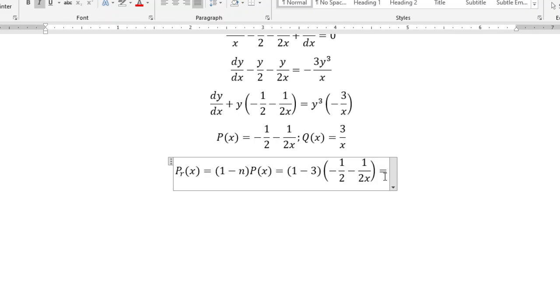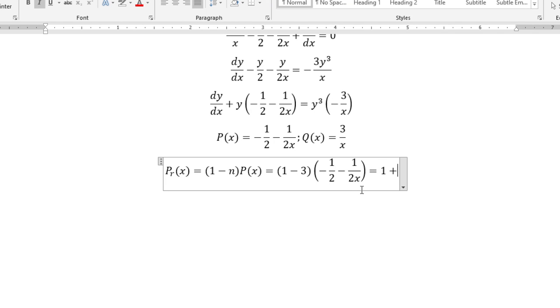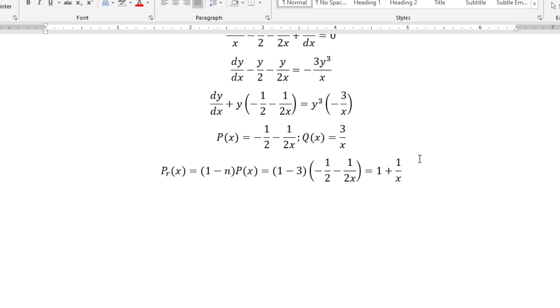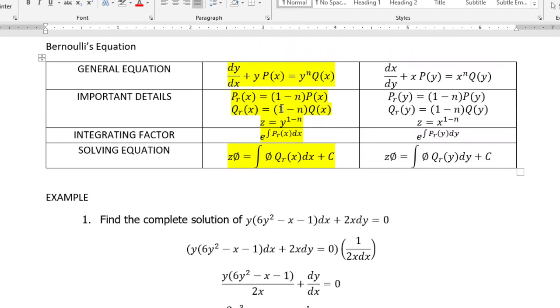So, simplify natin to, magiging 1 minus 3 is negative 2. Then distribute, magiging 1 plus 1 over x. Tama? Negative 2 times negative 1 half will be positive 1. Negative 2 times negative 1 over 2x will be positive 1 over x. Yun yung P R of x nito. Now, kailangan naman natin ng Q R of x.